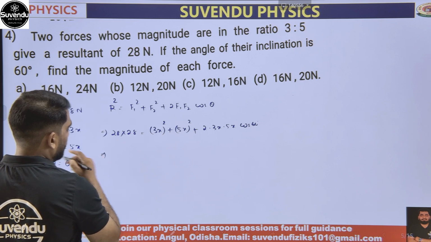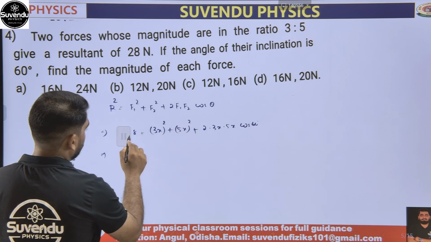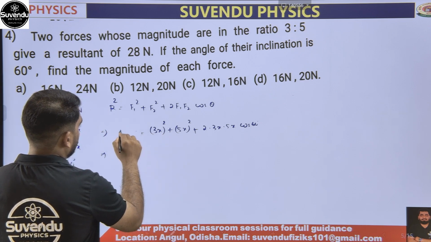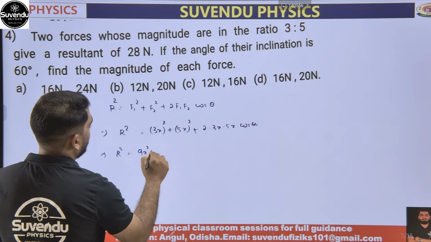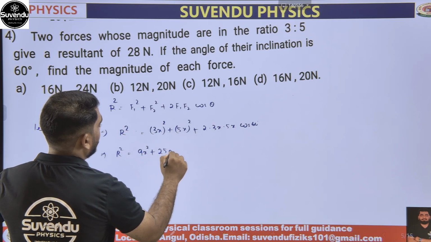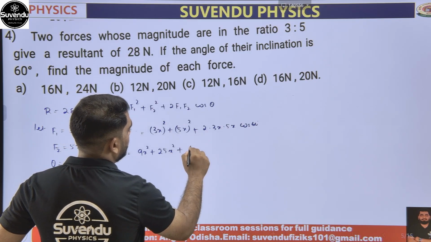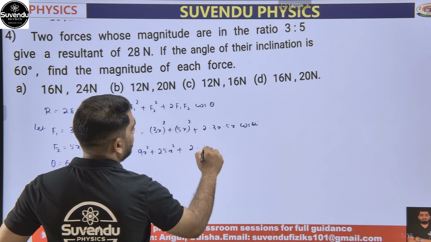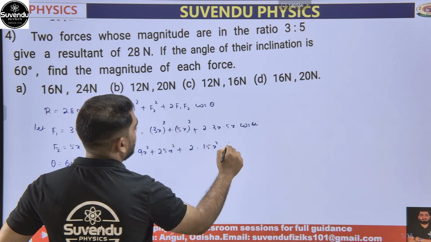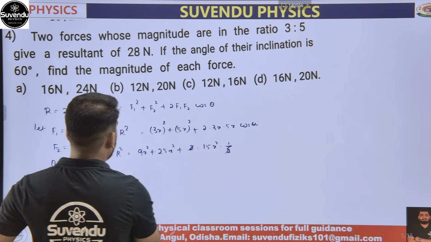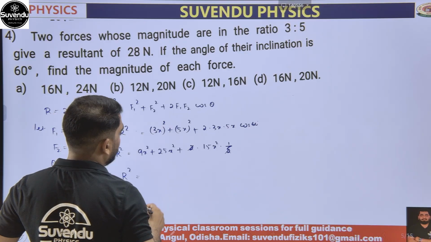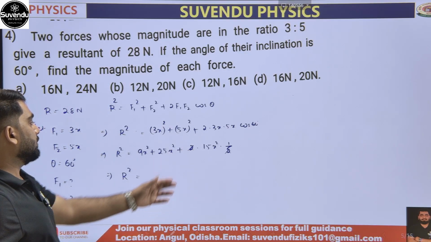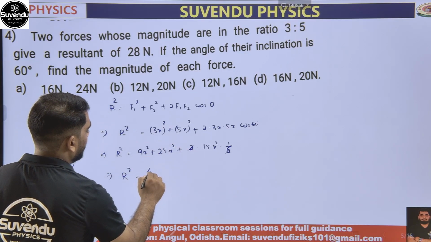I think it is clear. So R square is equal to 9x square plus 25x square plus 2 into 15x square into 1 by 2. Then R square equals 9 plus 25 plus 15, which is 49x square.